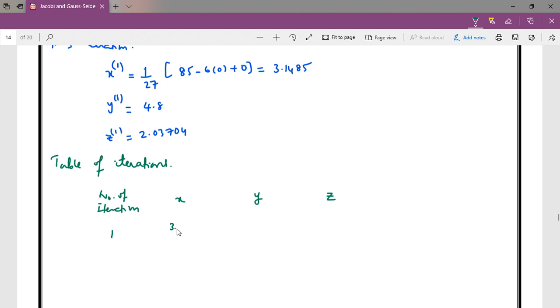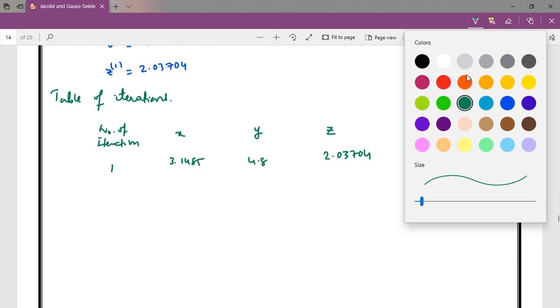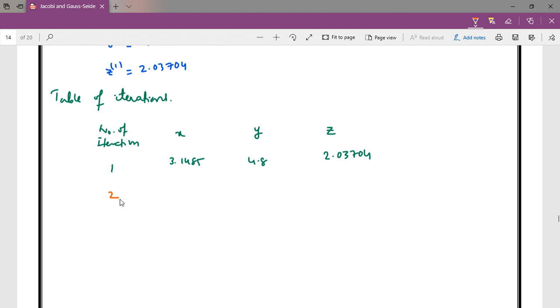In the first iteration, the x value is 3.1485, y value is 4.8, and z value is 2.03704. In the second iteration, we have x value as 2.15693, y value as 3.26913, and z value as 1.88985.